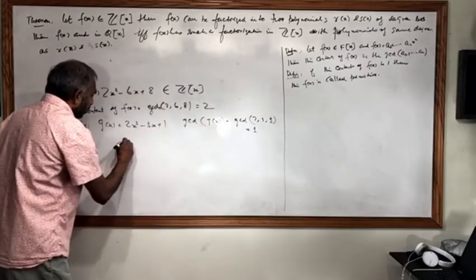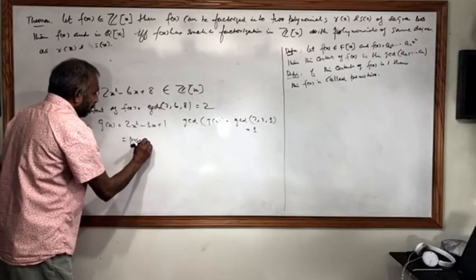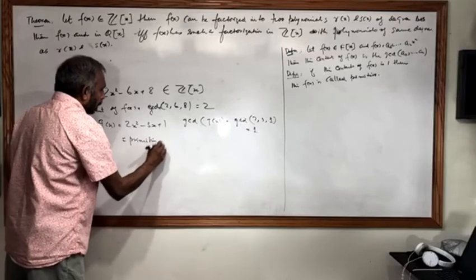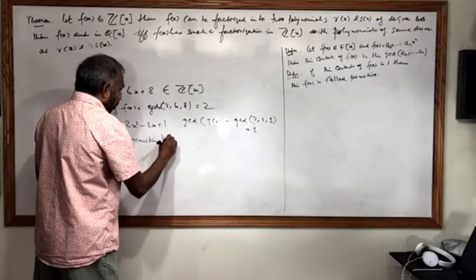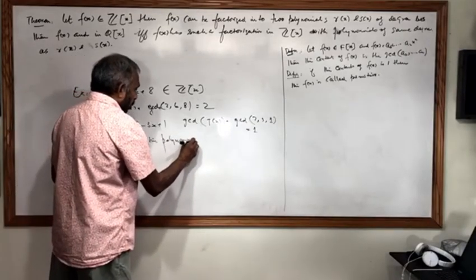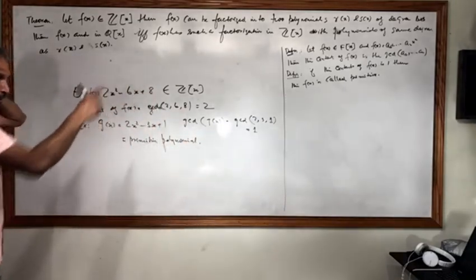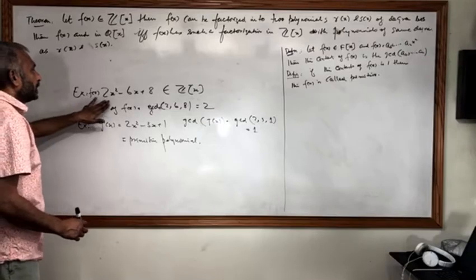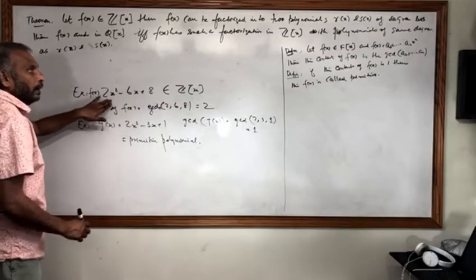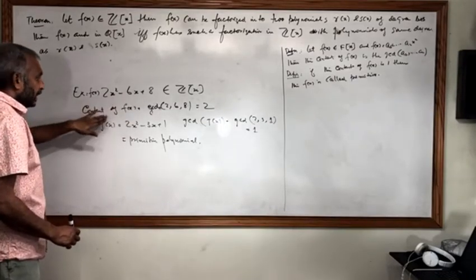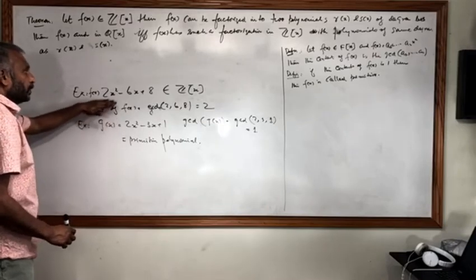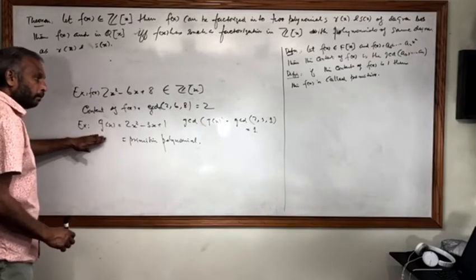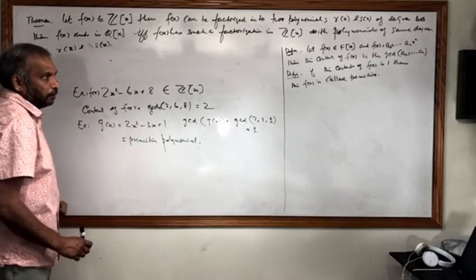So this is a primitive polynomial. Basically, if there is a common factor other than 1, that is the content. If the common factor is just 1, it is primitive.